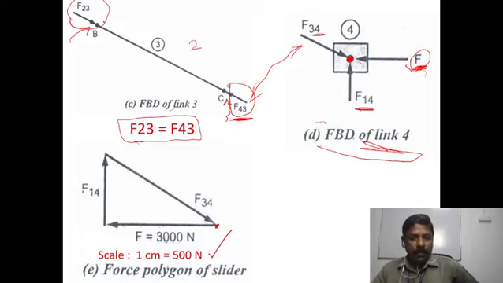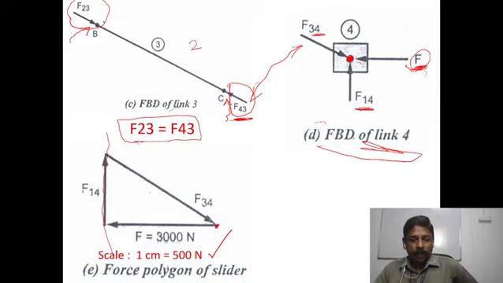We draw the line for 6 centimeter in the same direction as this horizontal line. For the other two forces, F14 and F34, we don't know the magnitude but the directions are known, so we simply draw lines parallel to those forces. F14 is drawn from this point parallel to this, extending it on both sides.